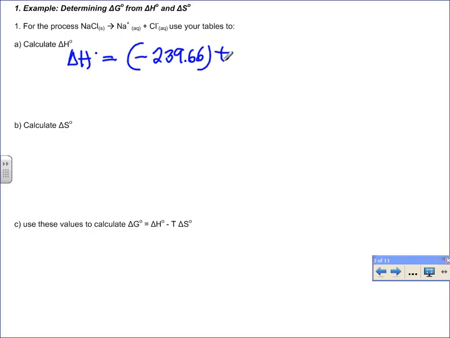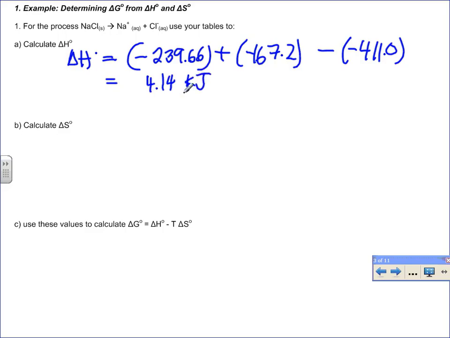So we're going to take the enthalpy of formation of sodium ions plus the enthalpy of formation of chloride ions, and we're going to subtract the enthalpy of formation of solid sodium chloride.